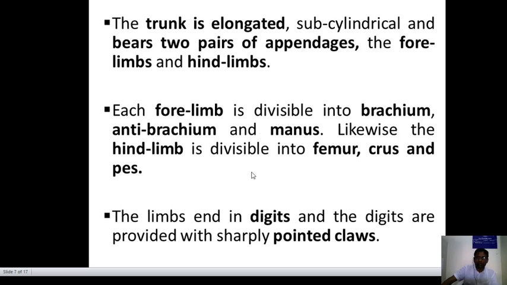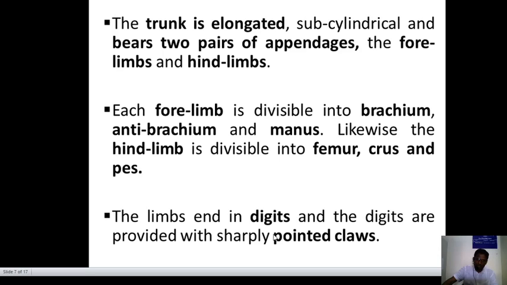The trunk is elongated, sub-cylindrical and bears two pairs of appendages, the forelimbs and hindlimbs. Each forelimb is divided into the brachium, antebrachium and manus. Likewise, the hindlimb is divisible into the femur, crus and pes.